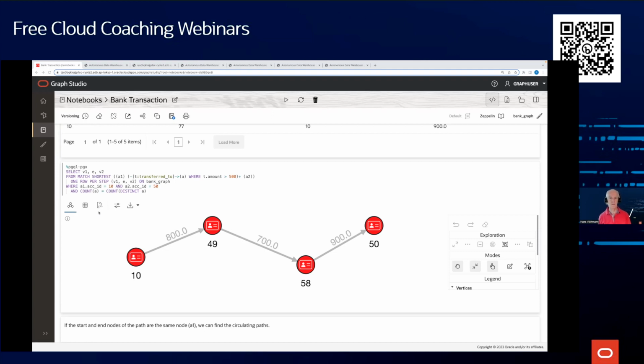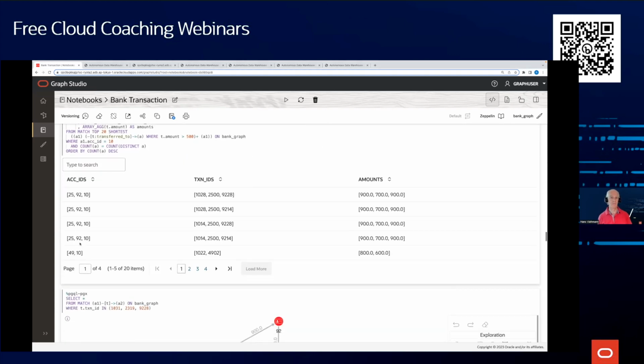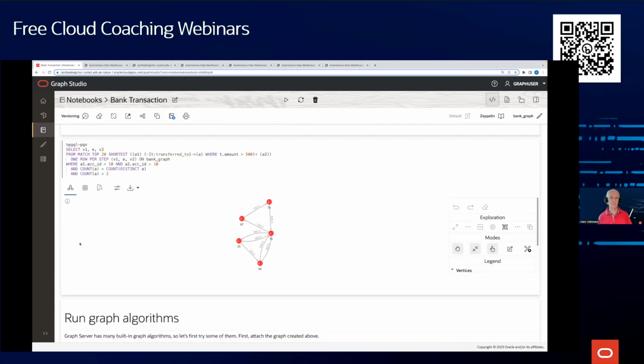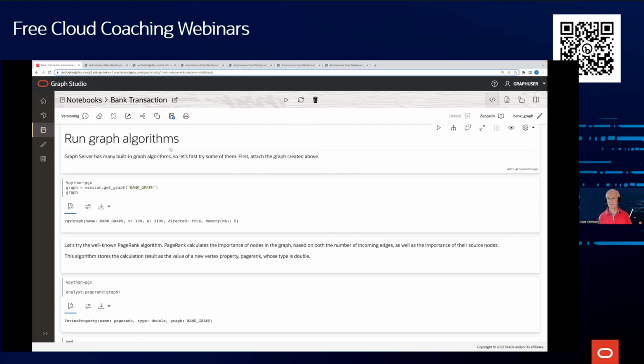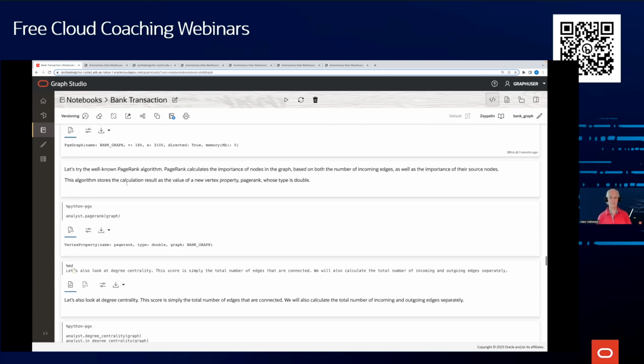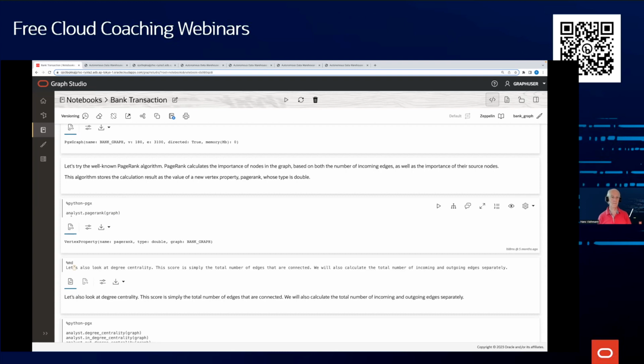Okay, so this is how we can create a property graph and query against the graph, then visualize the result. One more thing I need to show you is how we can run graph algorithms. To do that, we can just have this class analyst, and let's say in this case, we would like to know the importance of vertices in the money transfer network.